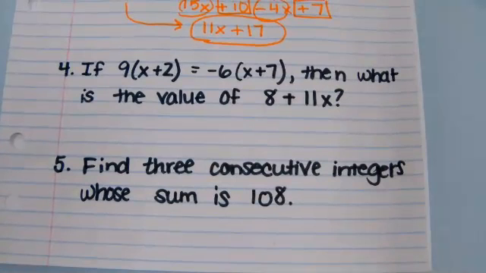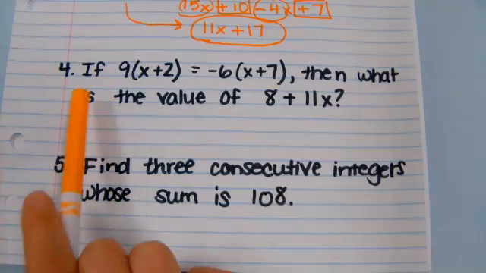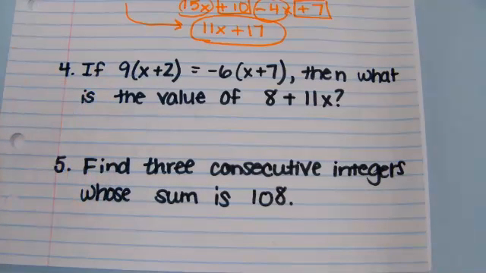This one, I feel like there's one like this on the exam. You're going to want this in your notes because once I show you, you'll be like, oh, I got this. There's one that starts with the word if, just like this, and it gives you an equation: 9 times x plus 2 equals -6 times x plus 7.